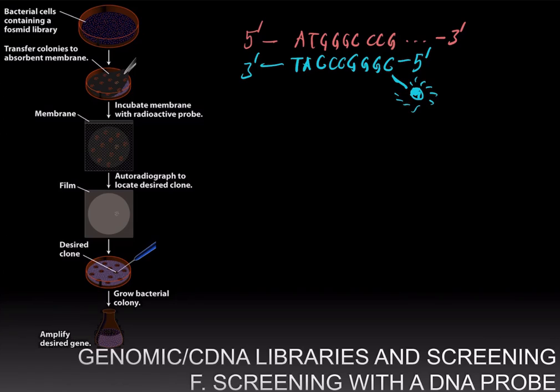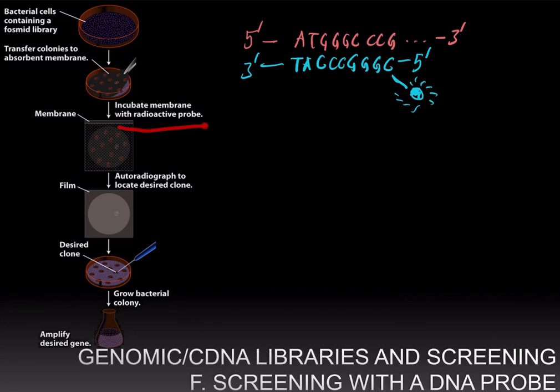And then we can transfer these colonies to a nitrocellulose membrane. So you basically lay the membrane on top of the plate so that some of the cells are transferred onto the nitrocellulose membrane, and the pattern of the colonies on the nitrocellulose membrane will be exactly the same as the pattern of colonies, how they're laid out in the plate.